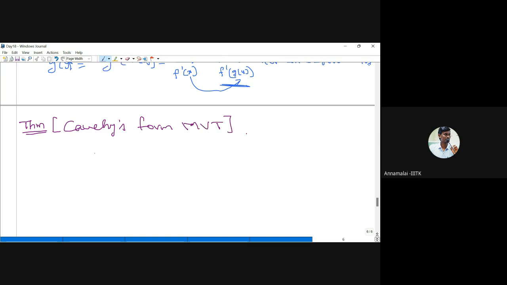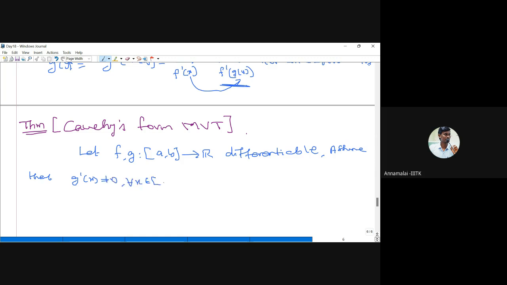What the theorem says: suppose we have two functions, let f and g be functions from the closed interval a comma b to R. These two functions are continuous and differentiable. It is better to assume differentiable, because every differentiable function is continuous. Assume that the derivative of g is non-zero, that is, g dash of x is non-zero for all x in the open interval, because they are differentiable on the open interval.